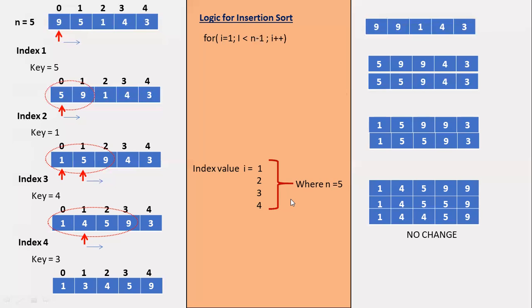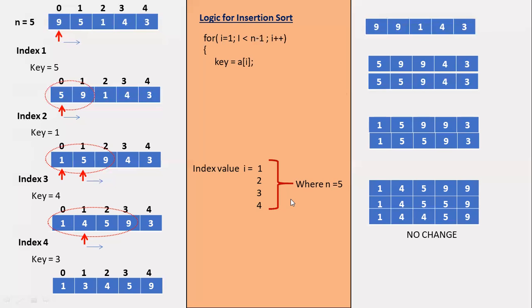Then we have to store the key value. So now my key value is equal to a of I, because we have to replace the value after the completion of the iteration. That is, we have to copy the key value at that particular location. So next, we have to compare all the previous elements.